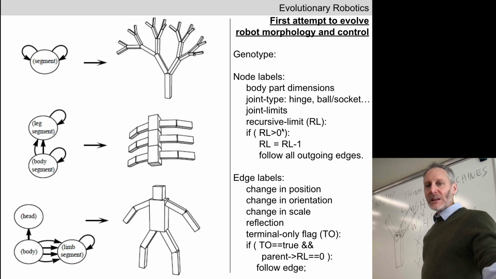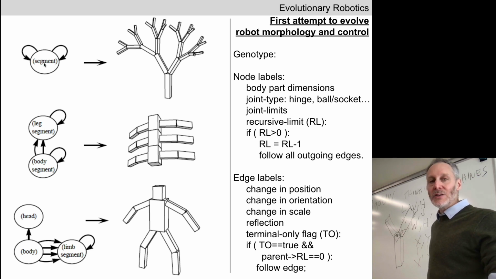Okay, let's talk about this one, recursive limit. This one is kind of interesting. There's an integer sitting inside every node. It's an integer that's interpreted as the recursive limit. Let's go back and have a look at this genotype. When we first start interpreting this genotype, we visit this node. It tells us to build this trunk.